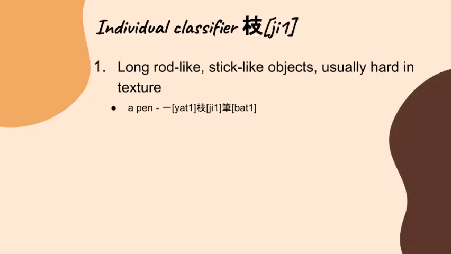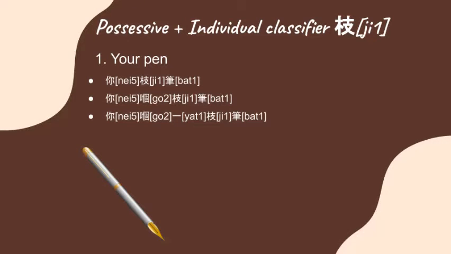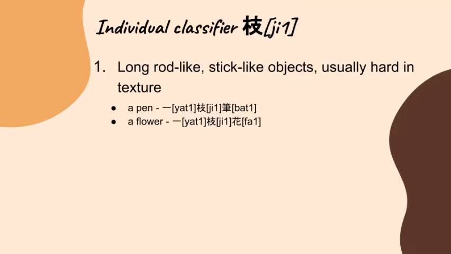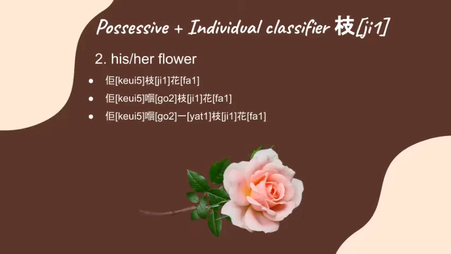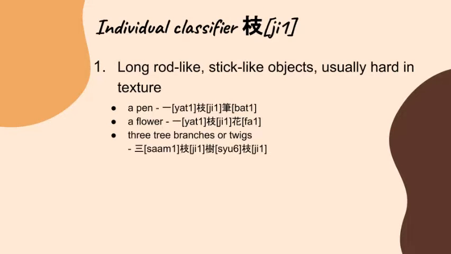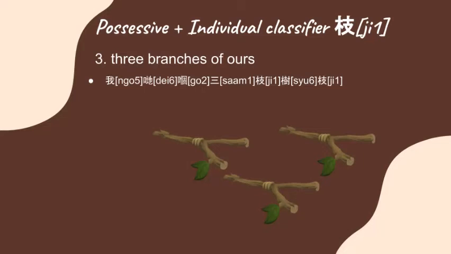For example, a pen 一支筆. Your pen 你支筆, or 你嗰支筆, or 你嗰一支筆. For a flower 一枝花. His or her flower 佢枝花, or 佢嗰枝花, or 佢嗰一枝花. Or 3 tree branches or twigs 三支樹枝. And then if you wanted to say 3 branches of ours, you can say 我哋嗰三支樹枝.